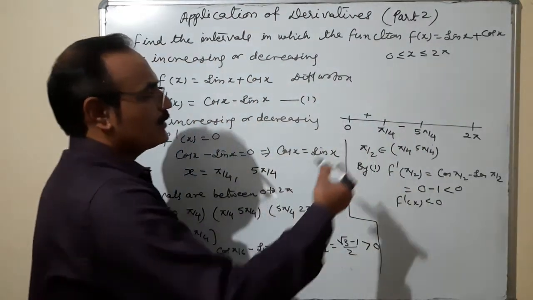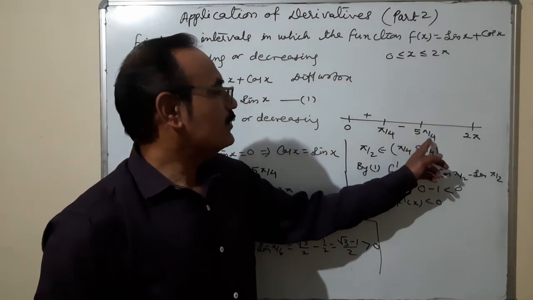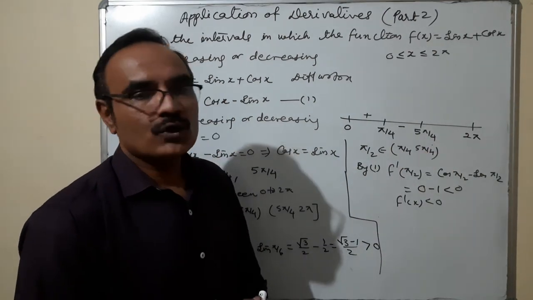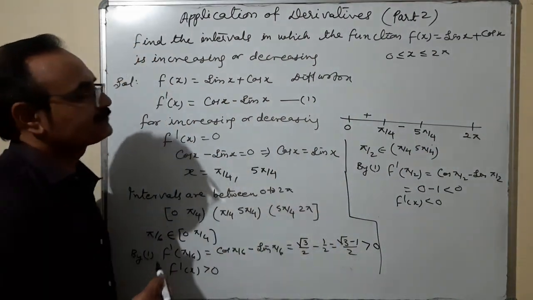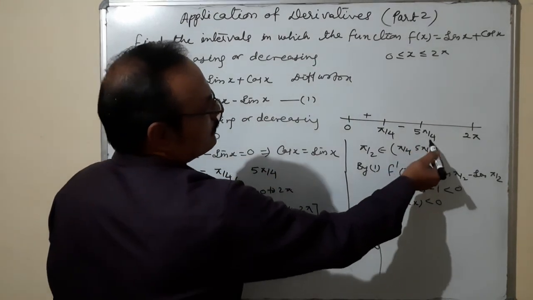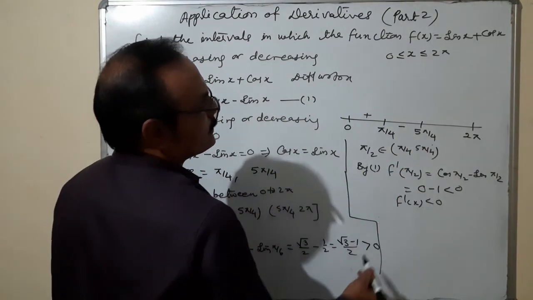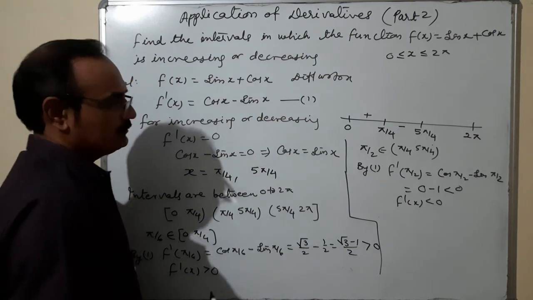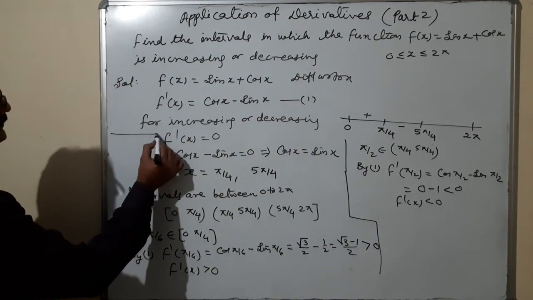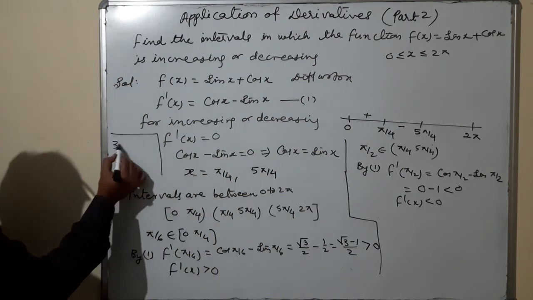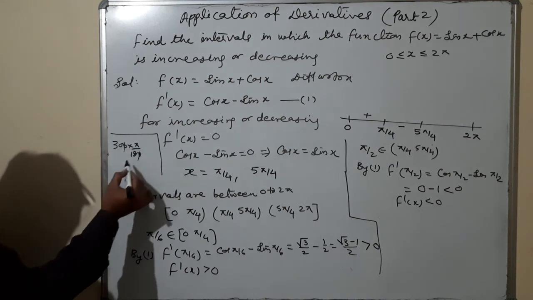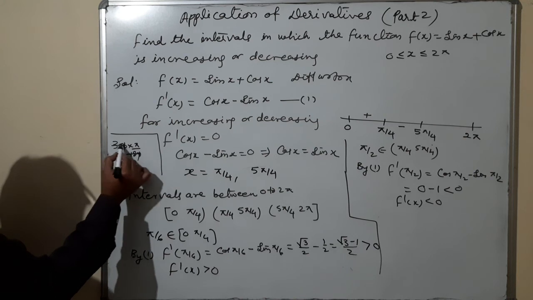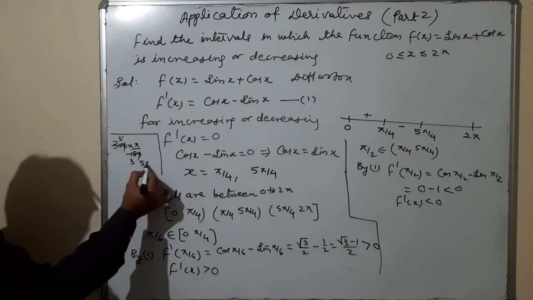Okay. Third one, I want to check 5 pi by 4 to 2 pi. So here I want to take a value more than 300. And 300, what does it mean? 300 multiplied by pi by 180, that is 5 pi by 3.